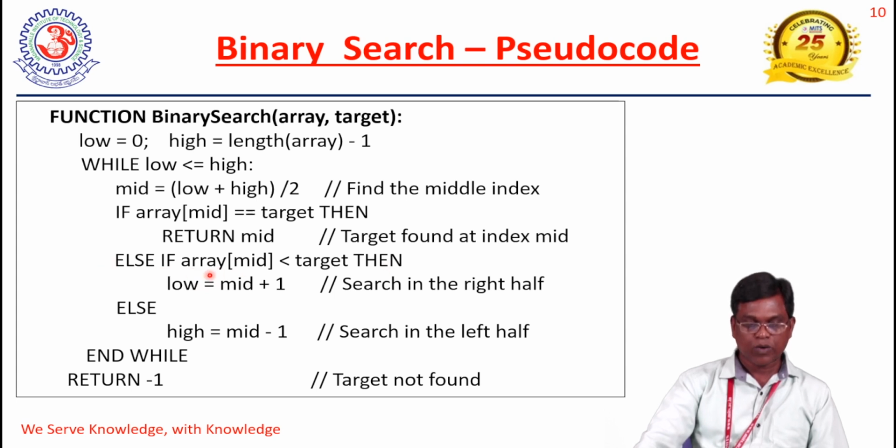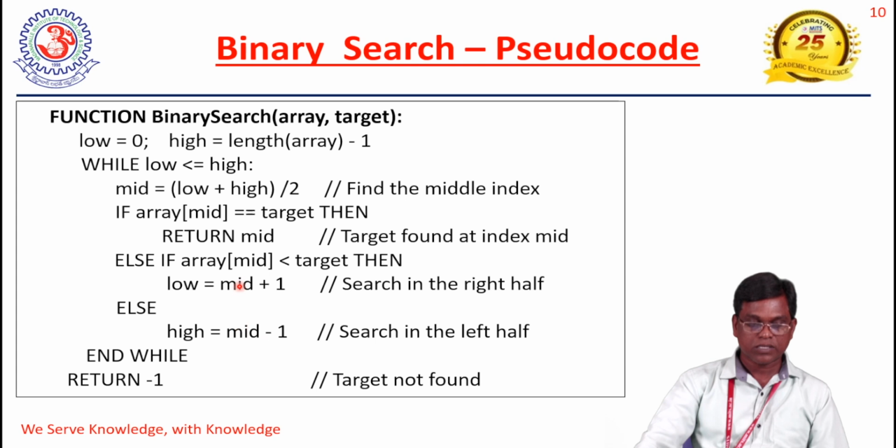We are going to compare: if array of mid is less than target, then it is an indication that the target element is available in the right half of the list of elements. So we are going to modify the low pointer to mid + 1. Suppose this condition also fails, it indicates that the target element is available in the left half of the elements. So to search in the left half, we are going to modify the high pointer to mid - 1.